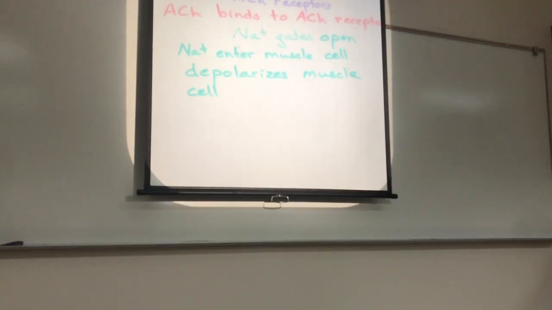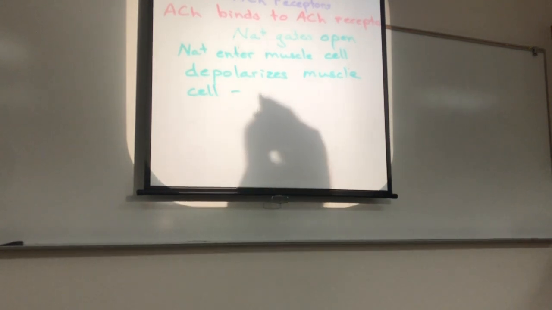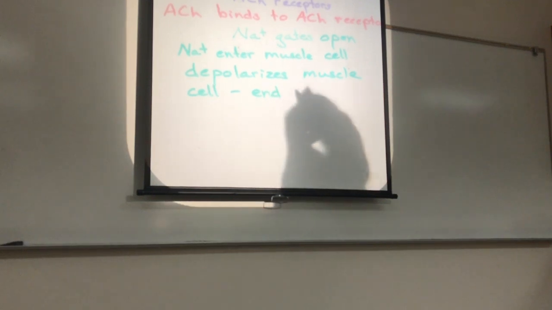Now, these are actually such small changes that what we're talking about here are graded potentials, not big changes, graded potentials. In this location, these graded potentials are called end plate potentials.